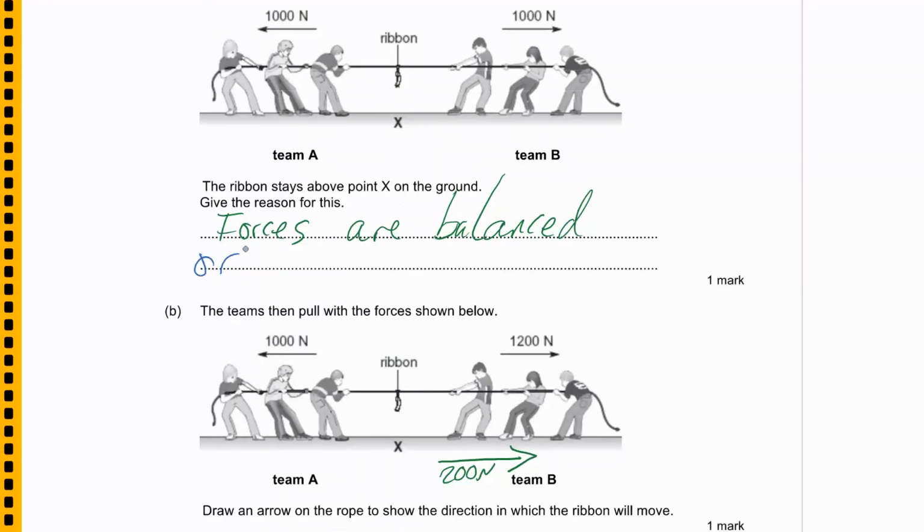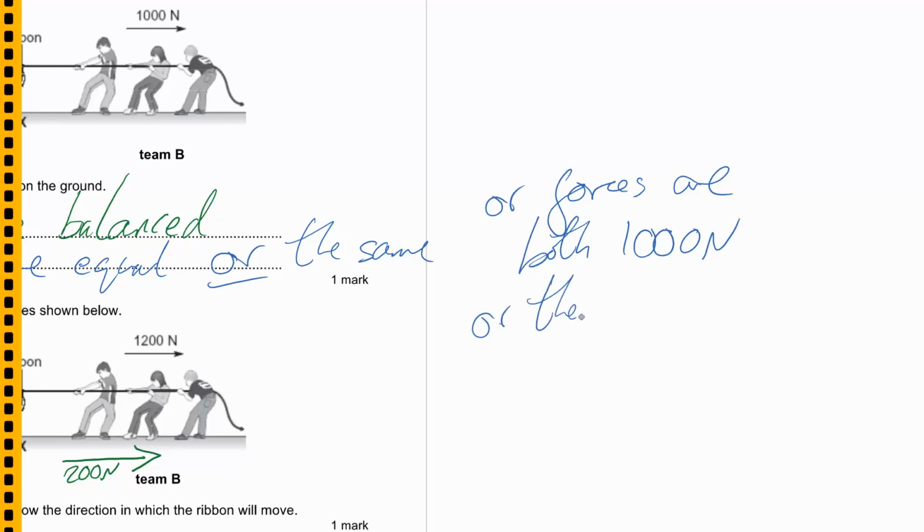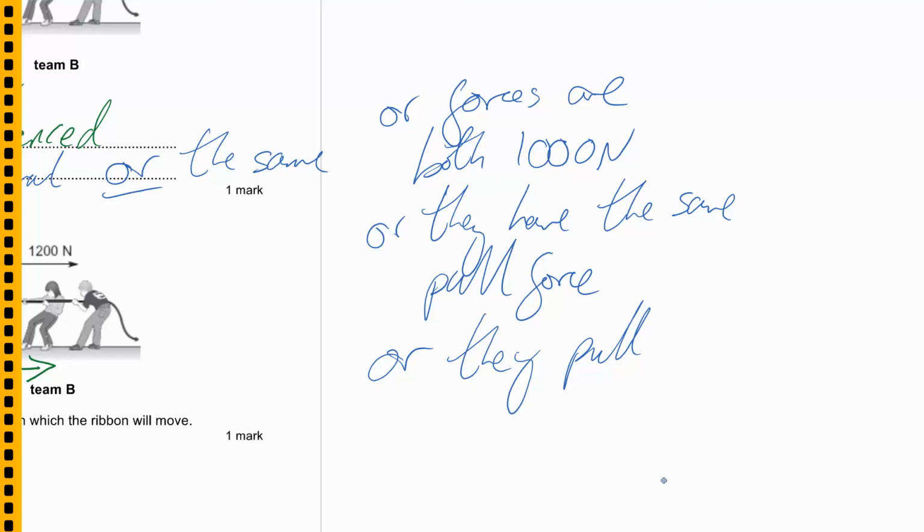You could have also said forces are equal, or the same, or forces are both 1,000 newtons, or they have the same pull force, or they pull equally as hard. So a few answers there that you could have put.